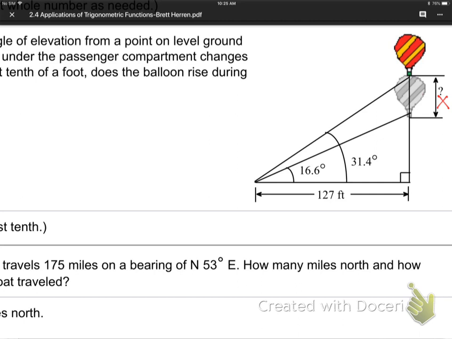Yeah, maybe I'll draw it out if it helps. Basically, you've got the whole triangle, which would be the 31.4, right? And this is the 127.